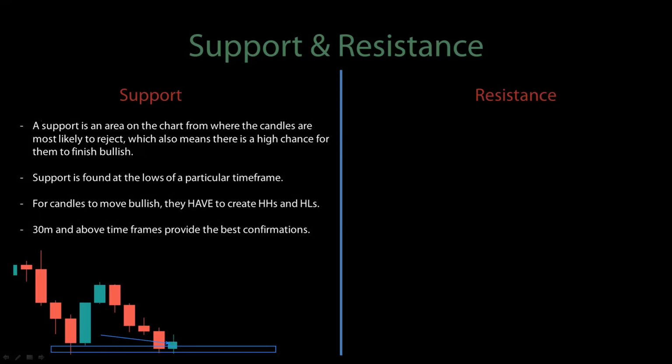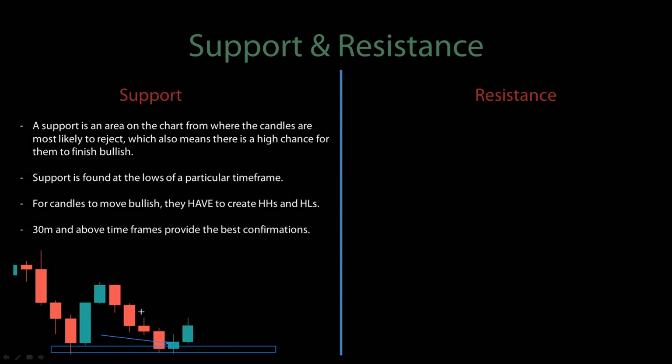So if this is a 30-minute time frame or a 1 hour time frame, there's a very high chance that the next candle is going to continue moving bullish, right? Just like the candle did right over here. So the next candle moves bullish. It makes a higher high, which is right over here, and it makes a higher low right over here, right?